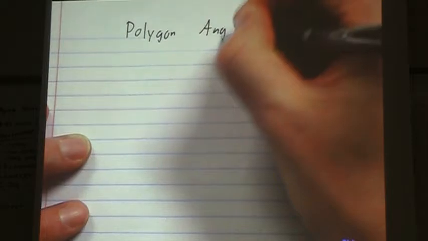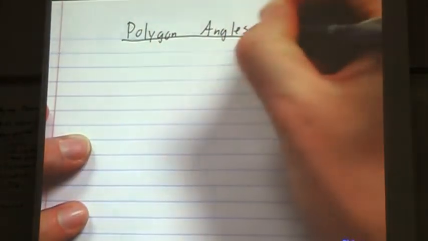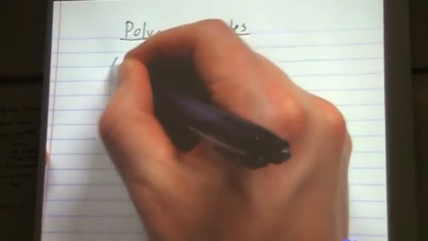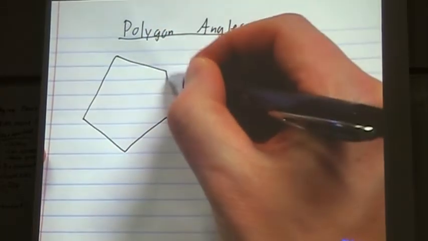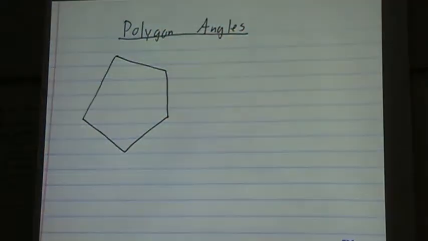More parts. We're going to talk about the different angles formed in a polygon. So polygon angles. If we have like a pentagon, do something like that. You've got 2 types of angles.